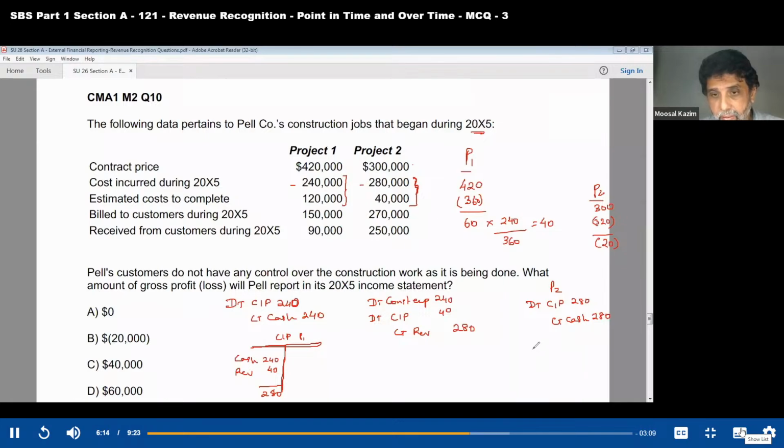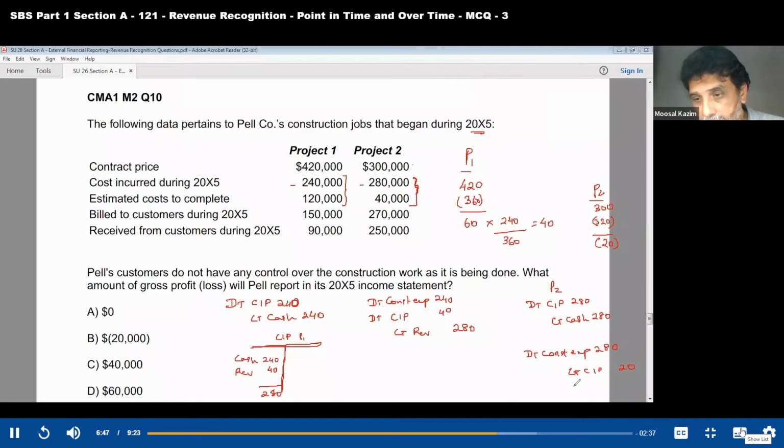And then, since it's a loss, what would happen is debit construction expense of 280. First year, so we can take the full amount. Credit CIP fully 20, because it's a loss.